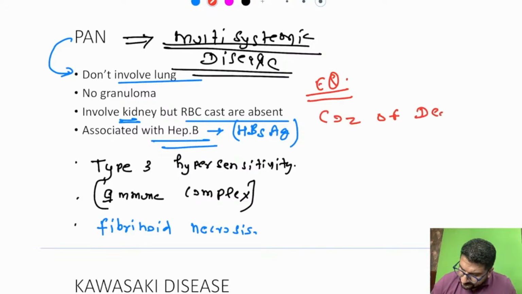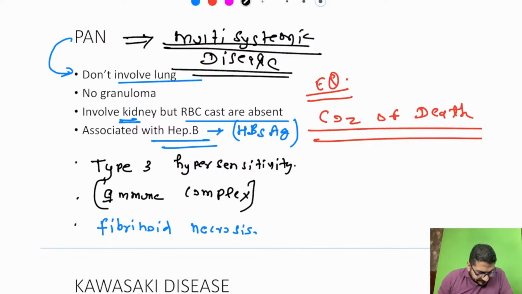Cause of death. Now see, understand this a little. Anyone can guess? Any guesses? Try to answer. What is the cause of death? See, generally what we study, the cause of death is respiratory involvement or heart involvement. What will it be here, tell me?